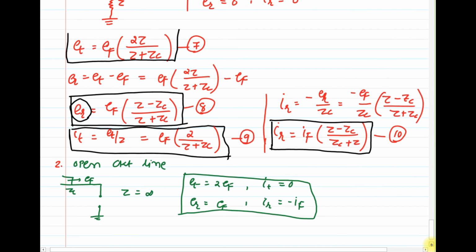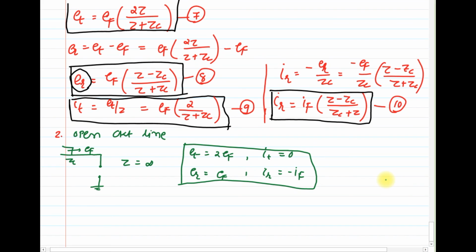Clear? Now the last case of line termination is the short circuited line. The third one is the short circuit line.